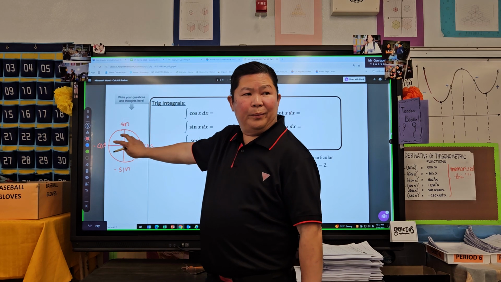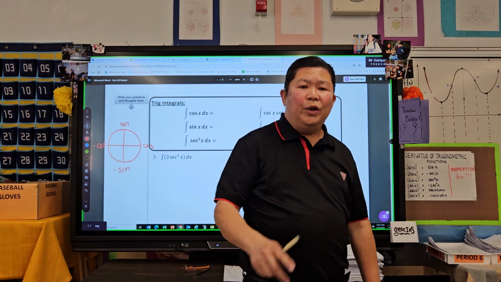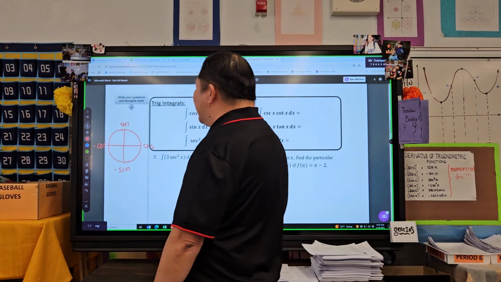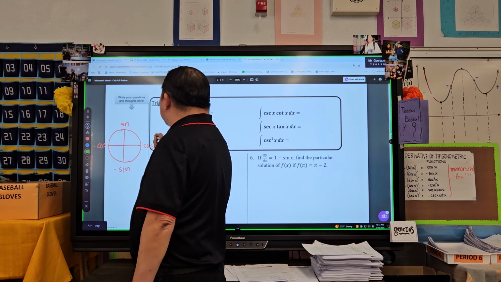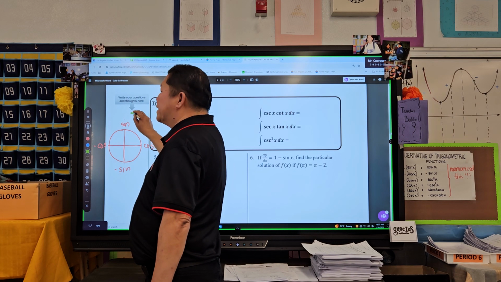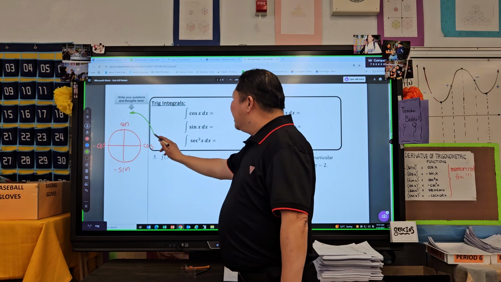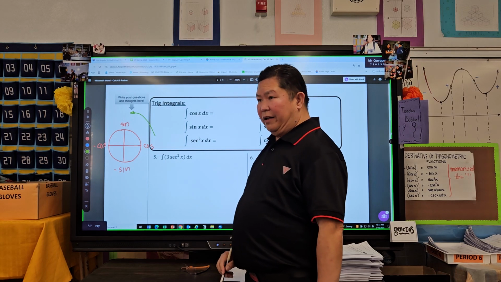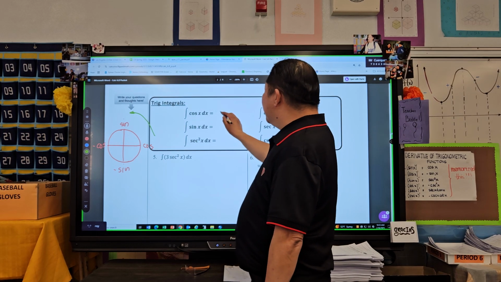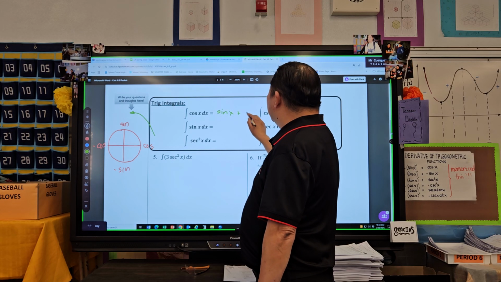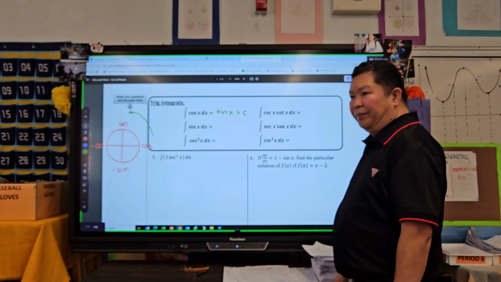This is very important, guys, for derivatives and antiderivatives. The direction for the antiderivative is counterclockwise. So if this is cosine, the antiderivative is sine. So this is now sine x plus the constant.